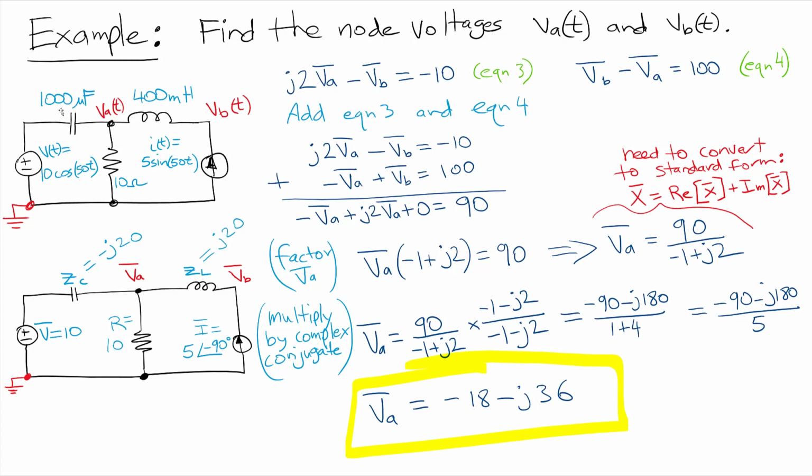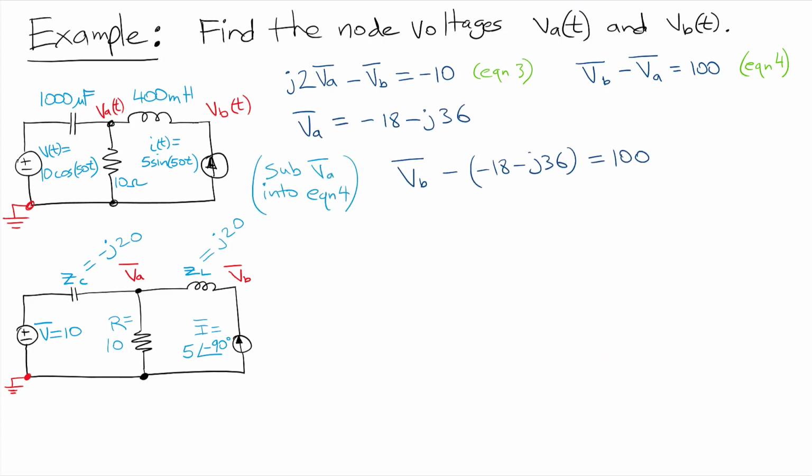We've got some value for VA, which we'll have to convert eventually to the time domain, because what we have to do up here is get a time domain expression for VA. So right now that's an intermediate expression, but we're going to use it to solve for VB.